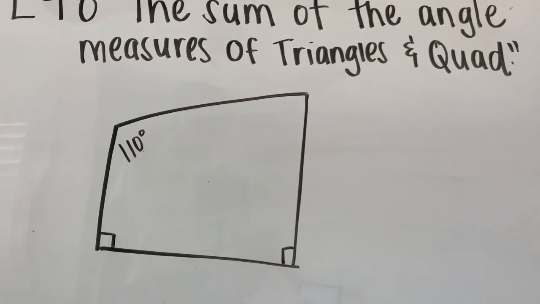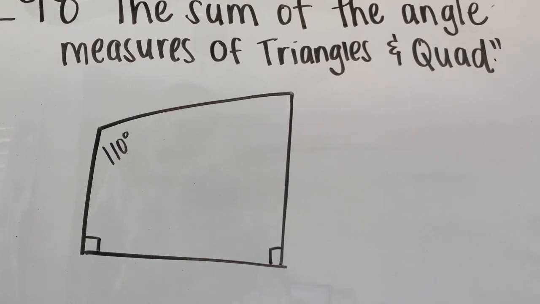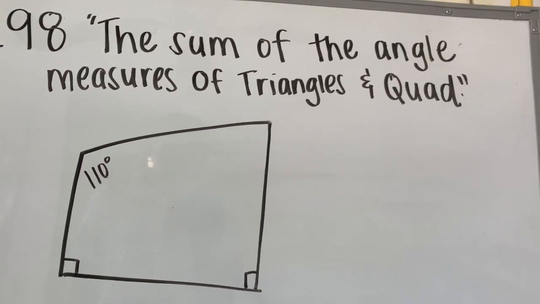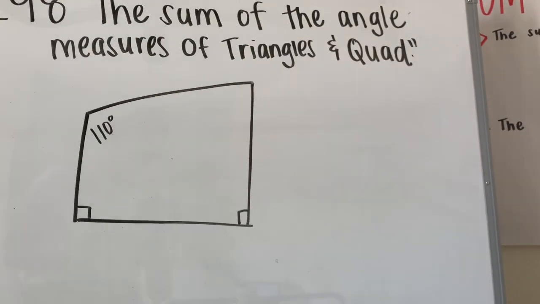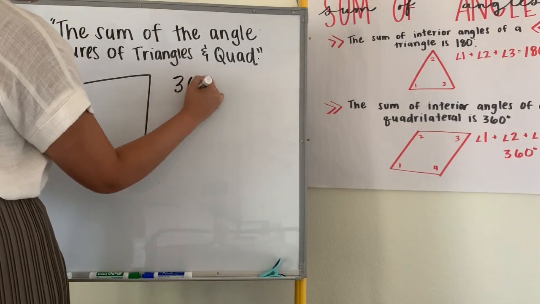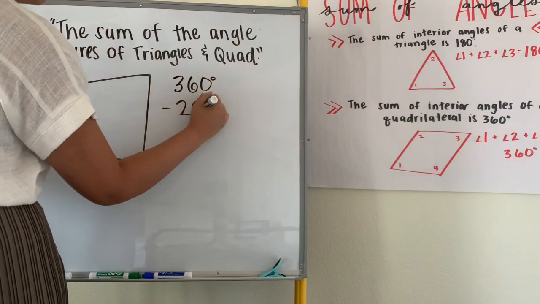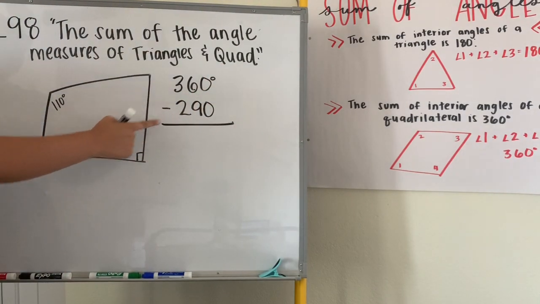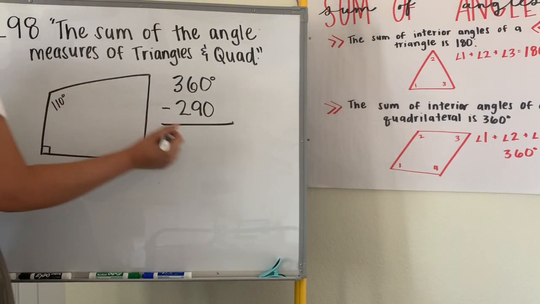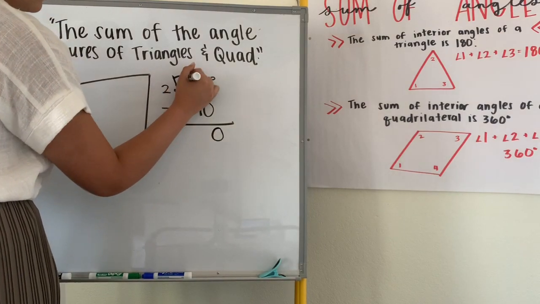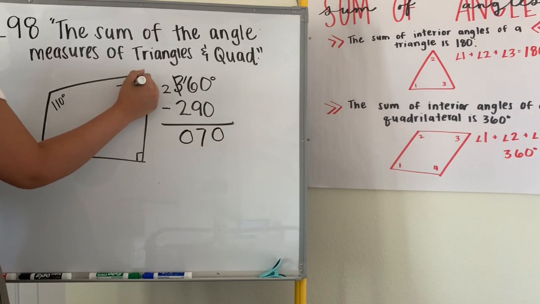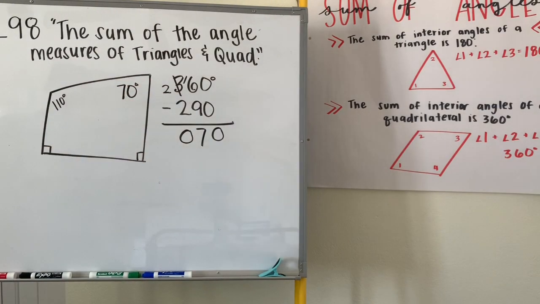Now, if I do 180 plus 110, that would be 290, right? So now, in order to find out that last missing angle, I'm going to have to do 360 minus 290, because again, I got 290 by adding 90 plus 90 plus 110. So now when I subtract, I know that my missing angle is going to be 70 degrees.